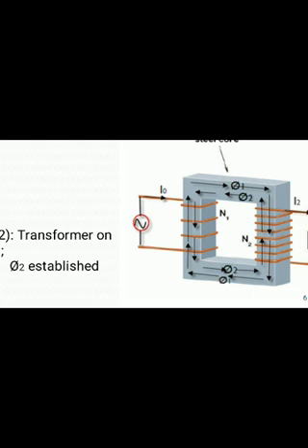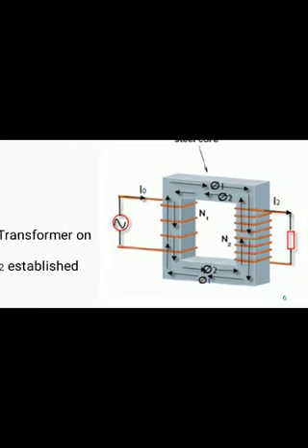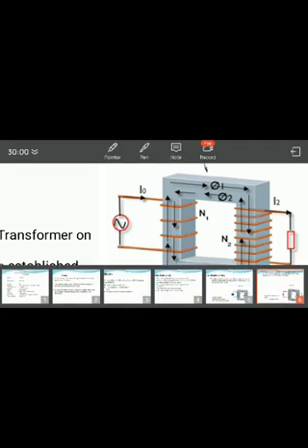So φ1 is the main flux in the core. When the load is connected on the secondary side, the current I2 is drawn, and this current sets up the φ2 flux. This φ2 flux opposes φ1.